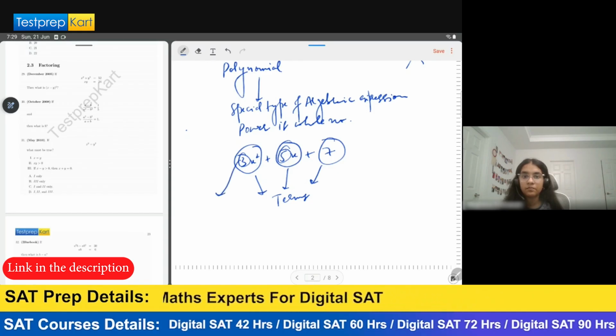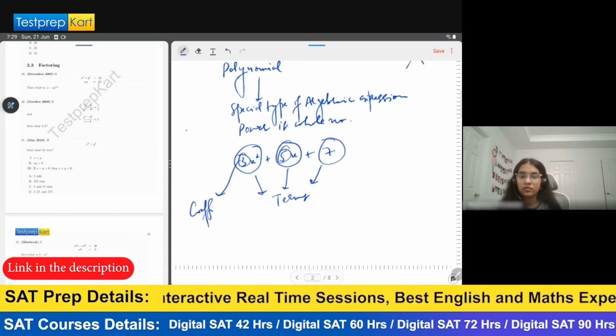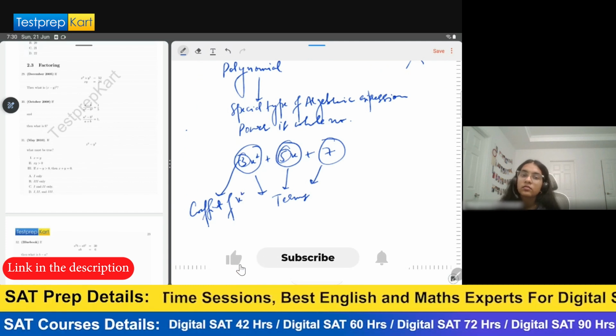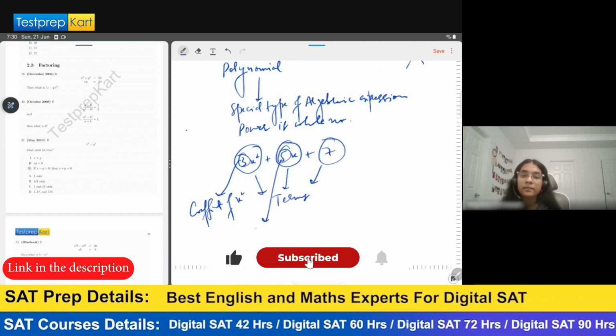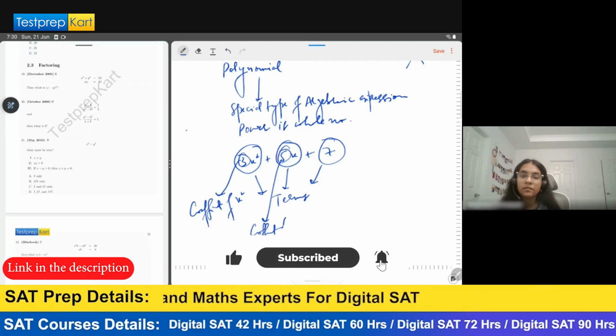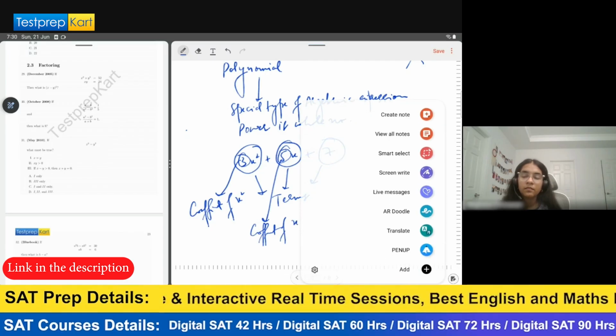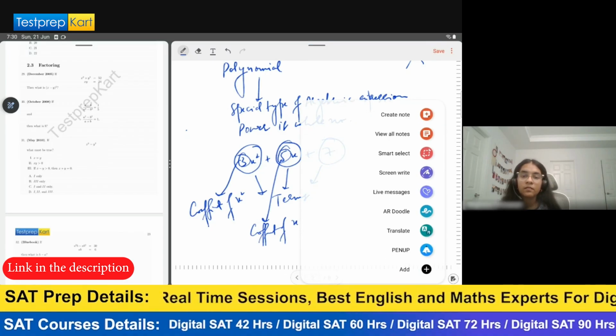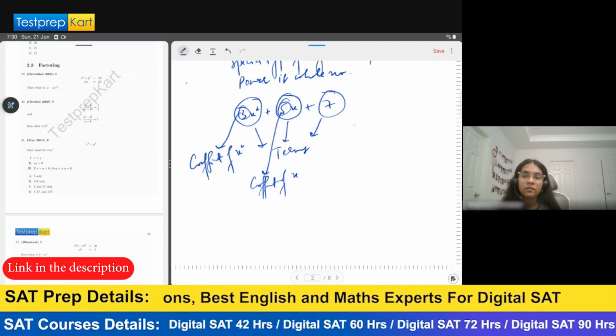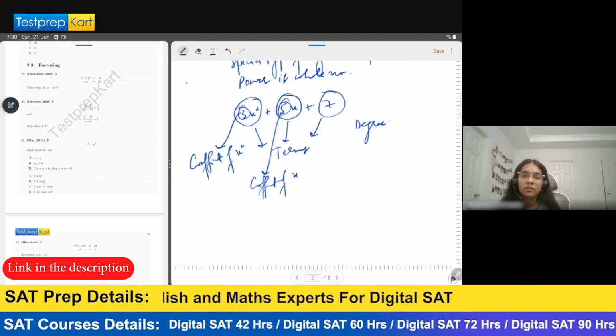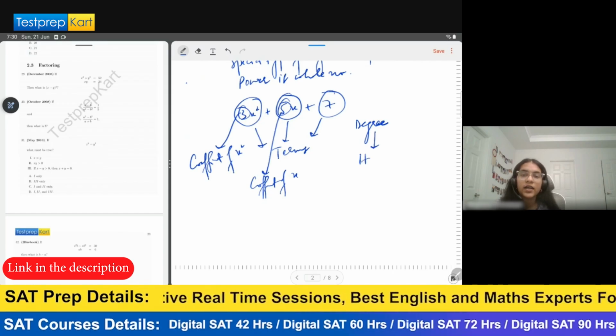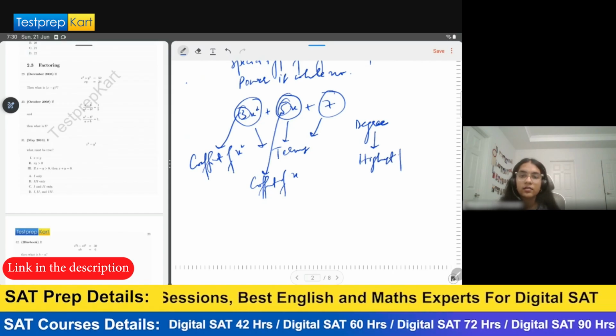So this 3 will be known as the coefficient of x squared, and this one will be the coefficient of x, right? Now there is one more thing, that is the degree. Do you know what degree is? Like the highest power, right?